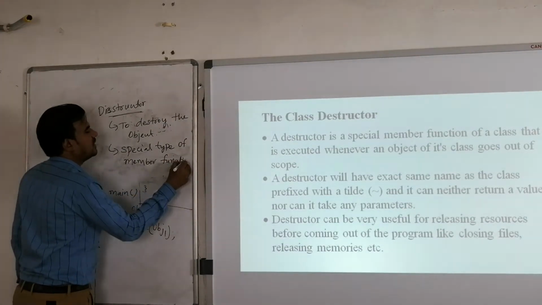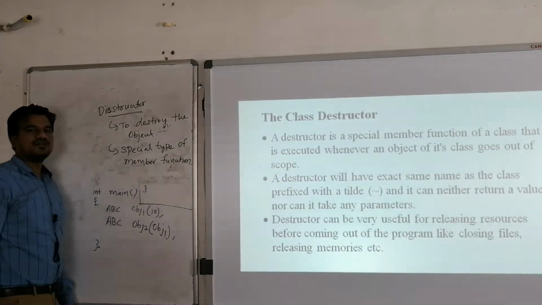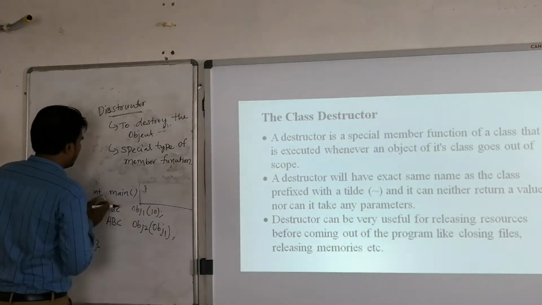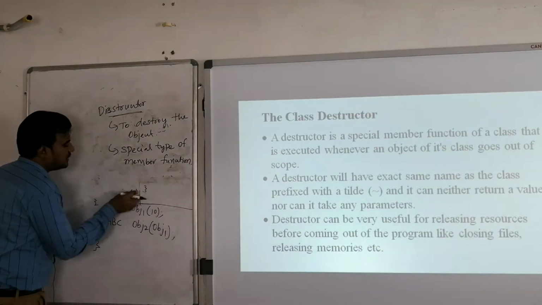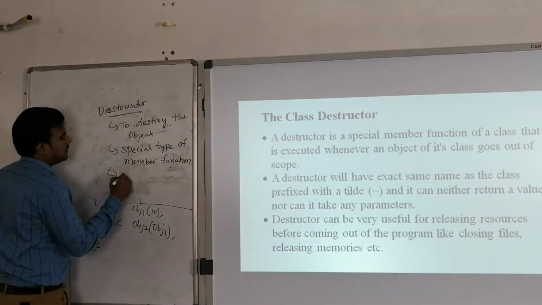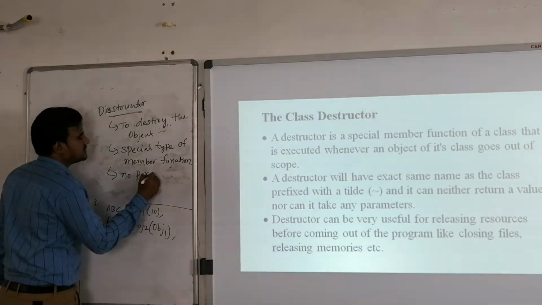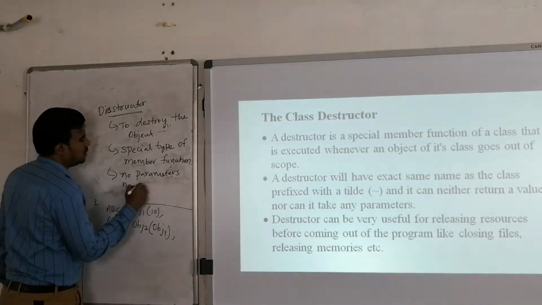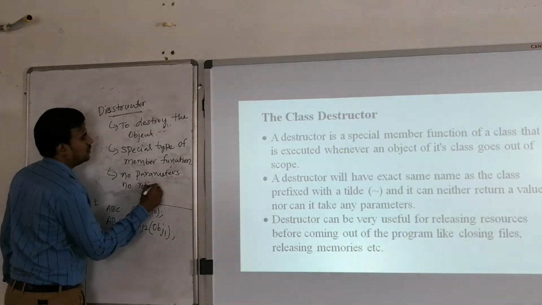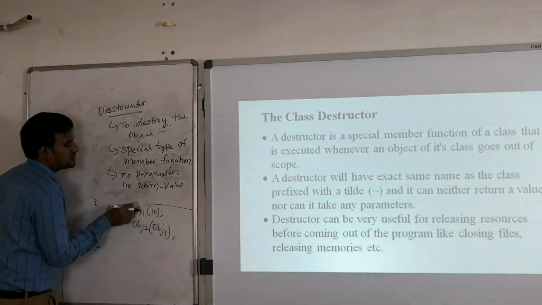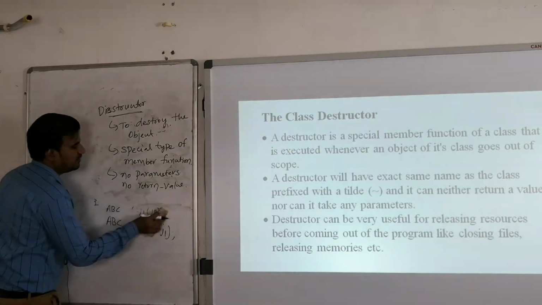Like I said, your constructor is going to have no return type, but it is going to have parameters. But your destructor will neither have a return type, nor have parameters. So no parameters and no return value.